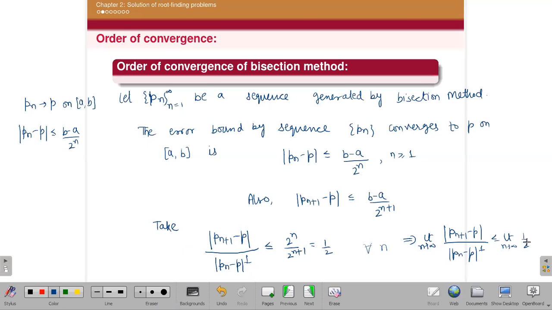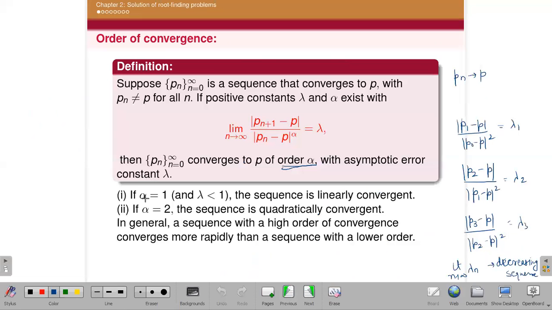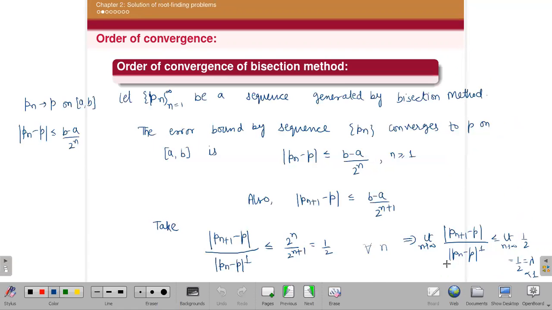It is independent of n here, so that will be 1/2 only. This will be treated as lambda, which is less than 1. So from the first part, if alpha equal to 1 and lambda is less than 1, the sequence is linearly convergent. So the bisection method generates a sequence which gives linear order of convergence.